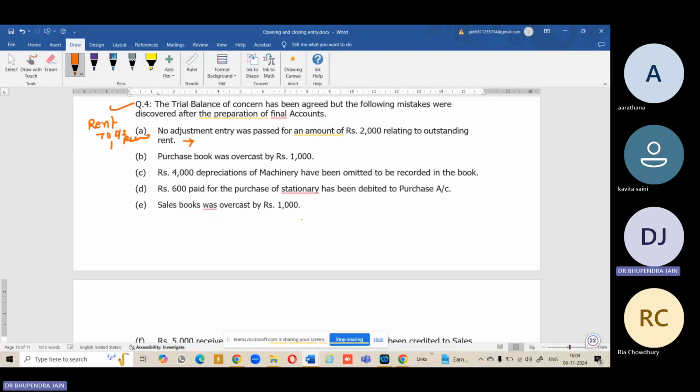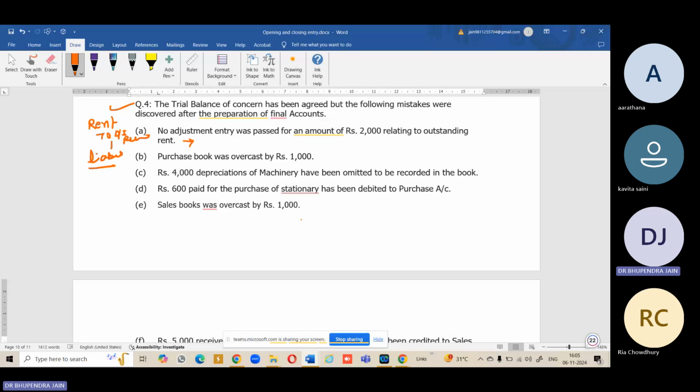And outstanding rent is a liability we have to pay in future. If you fail to record any expenditure in the profit and loss account, definitely your profit will increase. So in that case, you have failed to record the rent on the debit side in the profit and loss account, because the entry is rent account debit to outstanding rent.